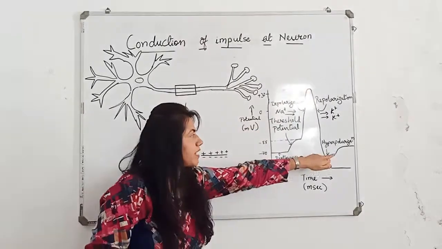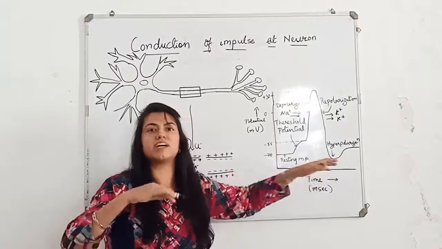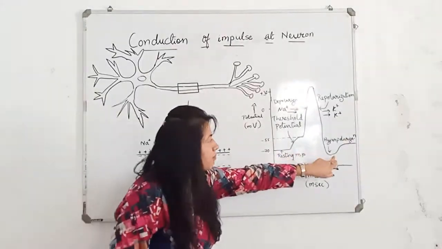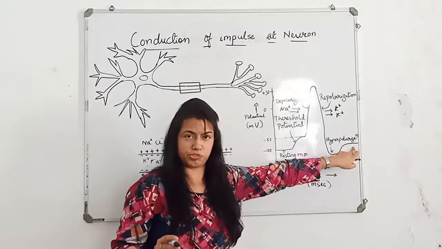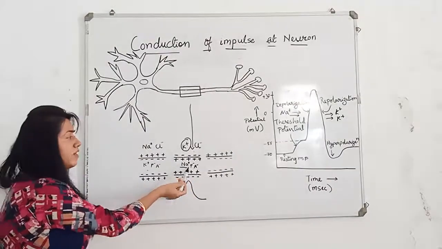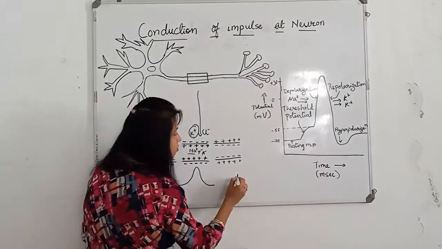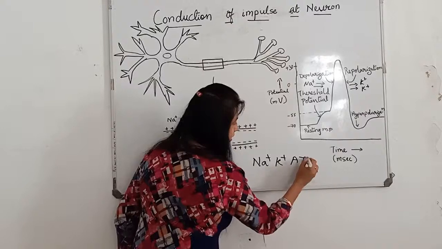And then it comes to hyperpolarization. If your potassium channels are open even after minus 70 millivolt, there can be hyperpolarization, then it comes back to the resting membrane potential. Now you will say that sodium is still inside, potassium is still outside. So there is a pump which is called the sodium potassium ATPase pump.